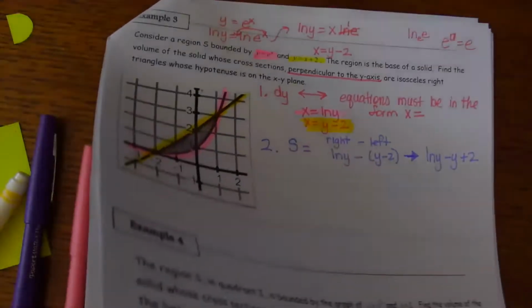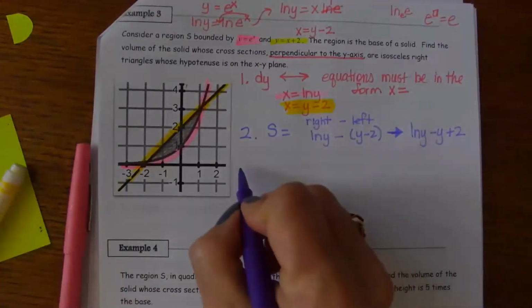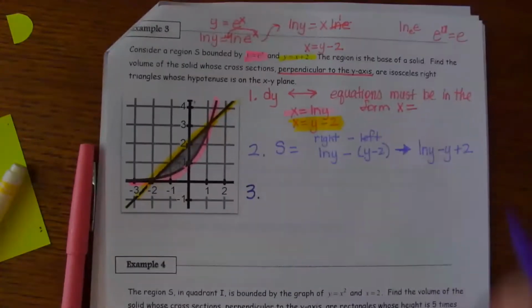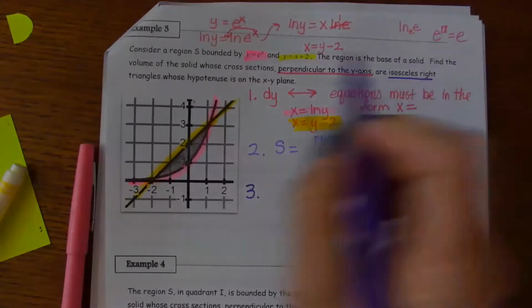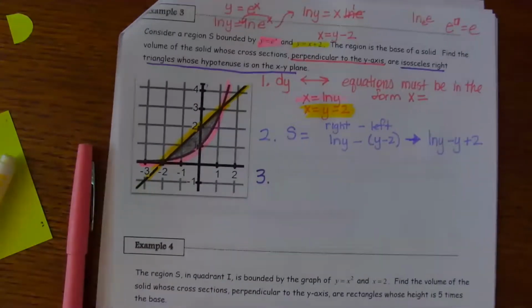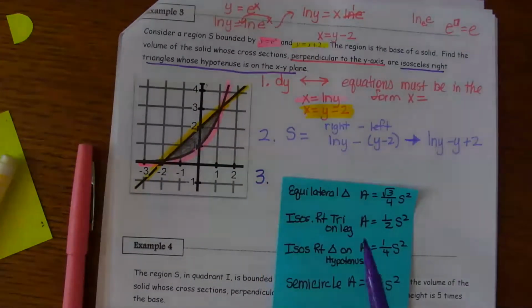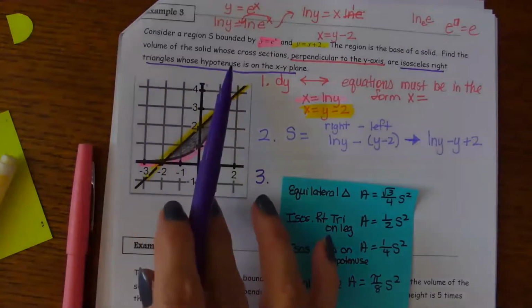What color did I pick next? Dark purple. Okay. Now, these are isosceles right triangles whose hypotenuse is on the plane. Which one of these formulas are you going to use? The leg or the hypotenuse one? What does it say?